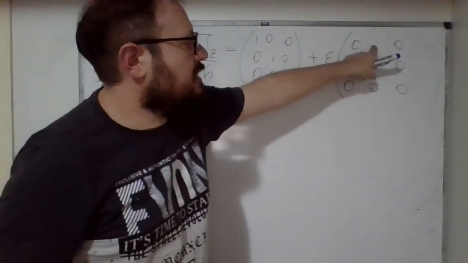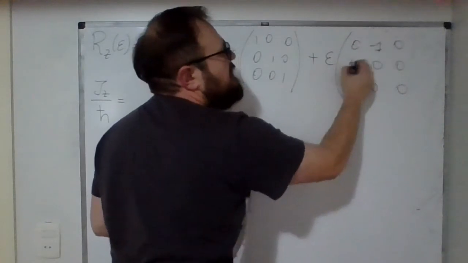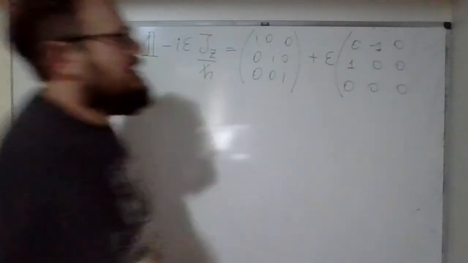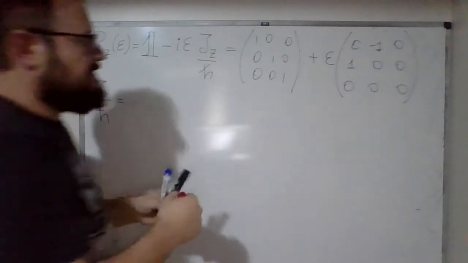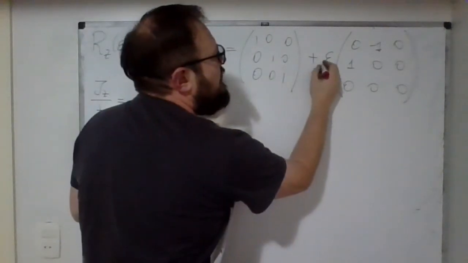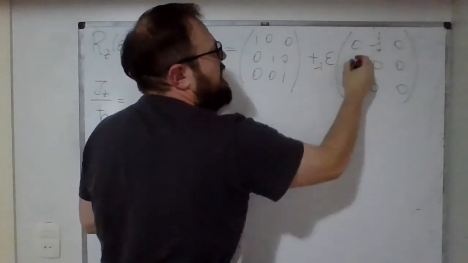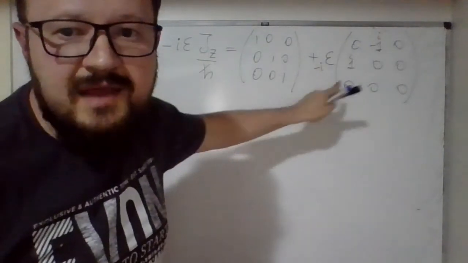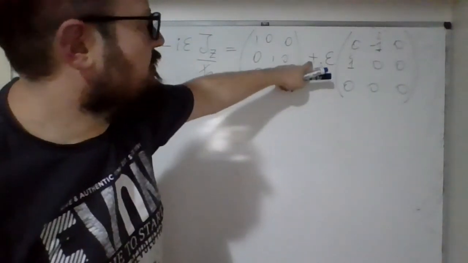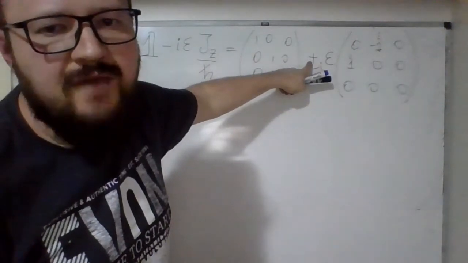And the off diagonal are proportional to epsilon. Here we had a -1, here we had a 1. So we can just now insert a minus i here and multiply here by i and here by i. Because minus i times i just recovers this plus sign we have here.